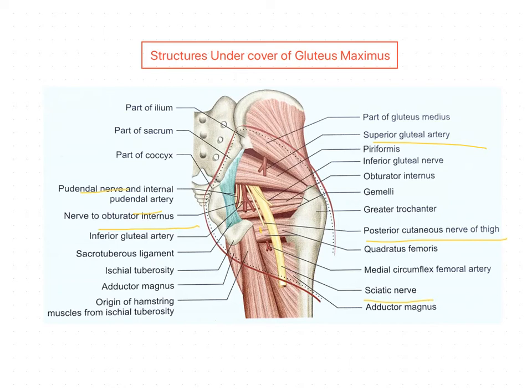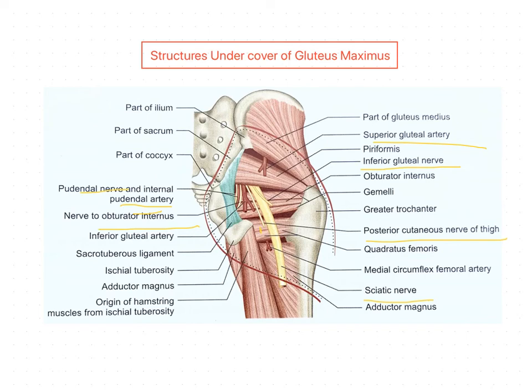Okay, and then the inferior gluteal nerve, then the pudendal nerve and the nerve to obturator internus. So these are the main nerves which are related, and here we can also see the superior gluteal nerve. And if you see the blood vessels: superior gluteal artery, inferior gluteal artery, and internal pudendal vessels. So these are the nerves as well as vessels.